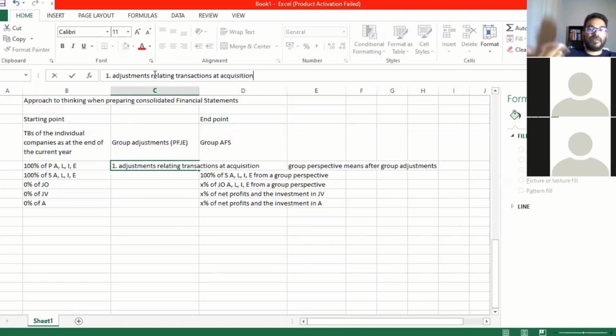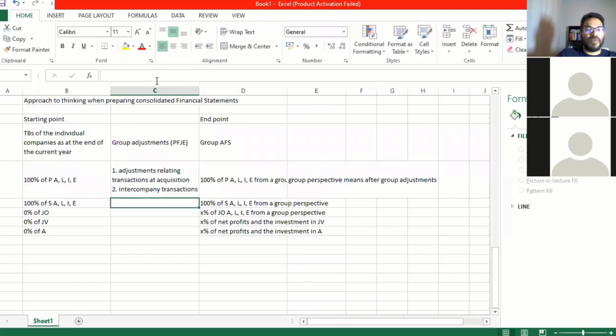This we'll cover when we deal with IFRS 3 tomorrow, and that is why I kept IFRS 3 and intercompanies together. And then number two, it is intercompany transactions. There may be other stuff, but these are the typical group adjustments.